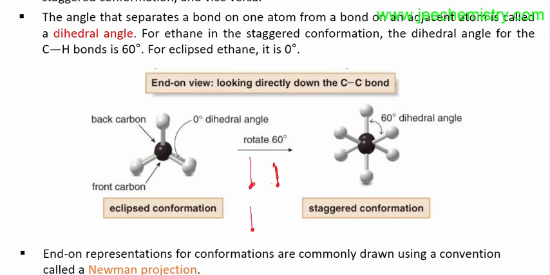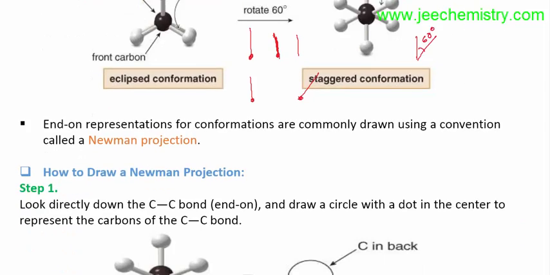Now this is the back carbon atom, and this is the front carbon atom. Now both are at 0 degrees, but after the 60 degree rotation, they will look like this. If you bring the front carbon to the back carbon to see the dihedral angle, then there is a 60 degree dihedral angle. In this way I have explained what dihedral angles are.